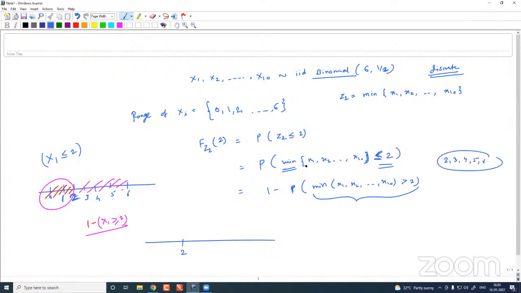Now probability that minimum of x1, x2 to x10 is less than or equal to 2 means what? One of the random variables should have value less than 2 and others can have equal to or greater than 2.